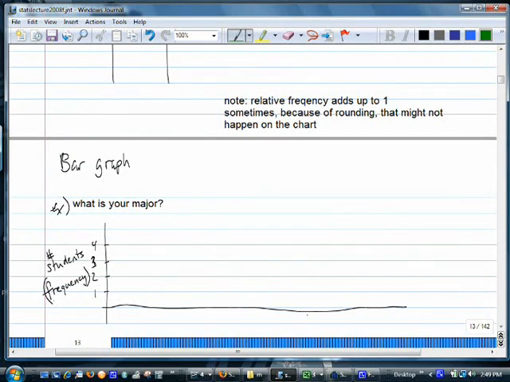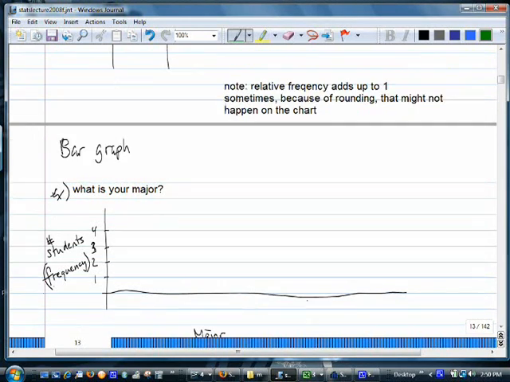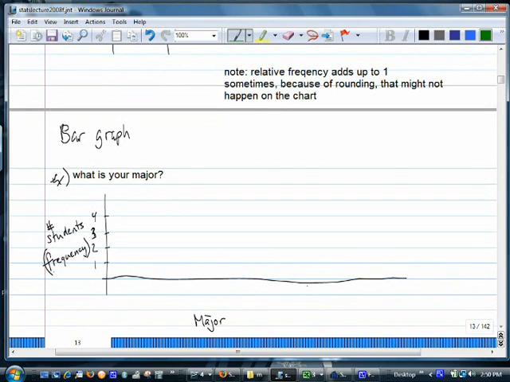You've got to know what you're drawing bars for. So on the bottom, you have major. And we have computers. What else? Accounting, science, liberal arts, HIT, and business.